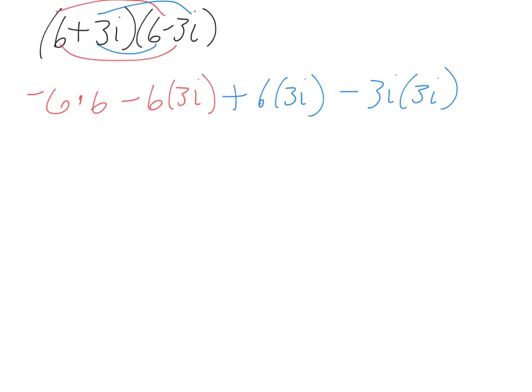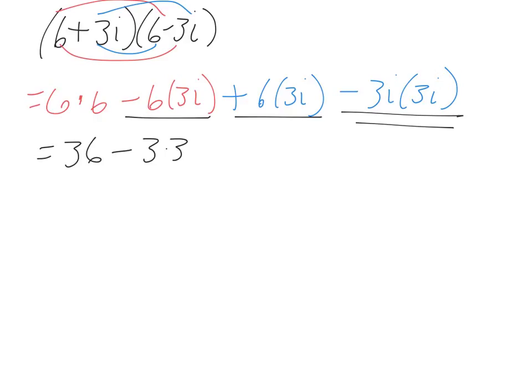Alright, so to clean it up a little bit here, we would have then 36, and we can see this and this are going to cancel each other out because they're opposites. We have one minus and one positive. So way down at the very end there we have negative 3.